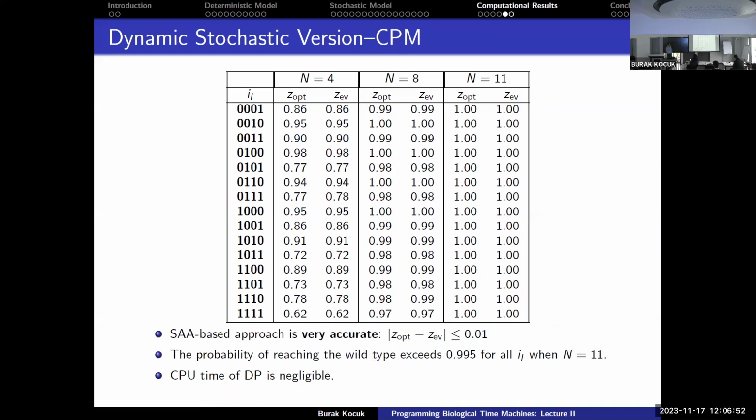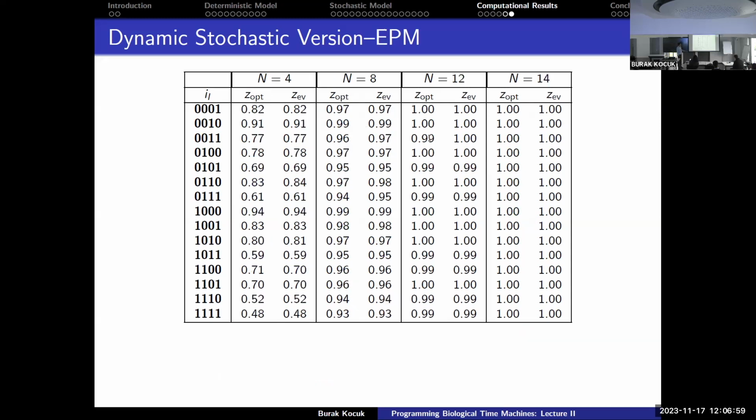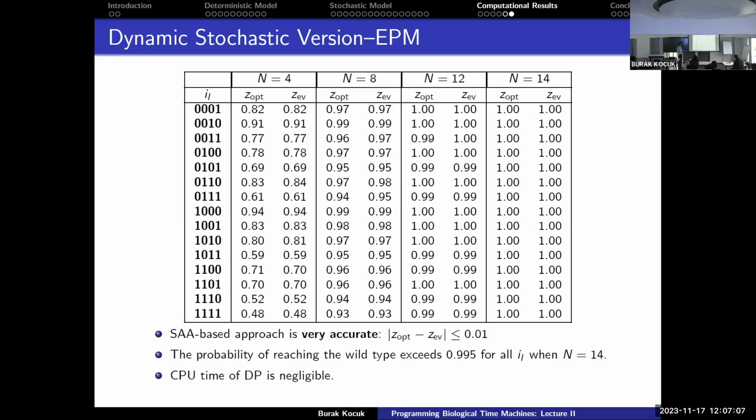You can just create this table of squares. There's no process. And for the EPM, it requires you to do more iterations, essentially, more n, capital N. You need to choose larger capital N's. But still, it is good. Okay.